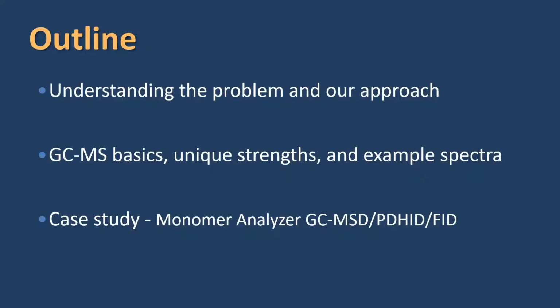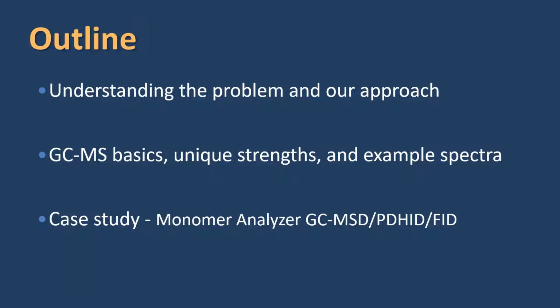What are we going to talk about today? We'll understand the problem in our approach of looking for trace analytes in high-grade ethylene. And we're going to look at a new technology, online GC-MS, MS being mass spectrometry. We're going to assume that we have a number of people in our audience today that have, say, no GC-MS experience.